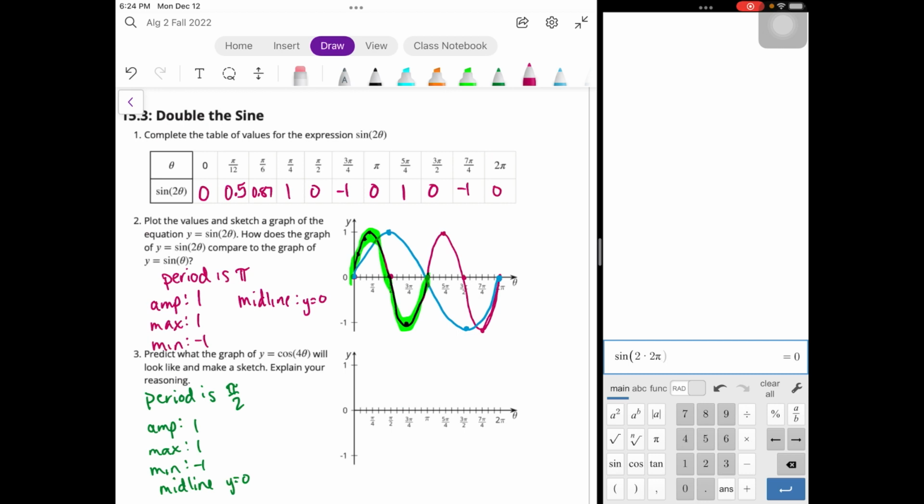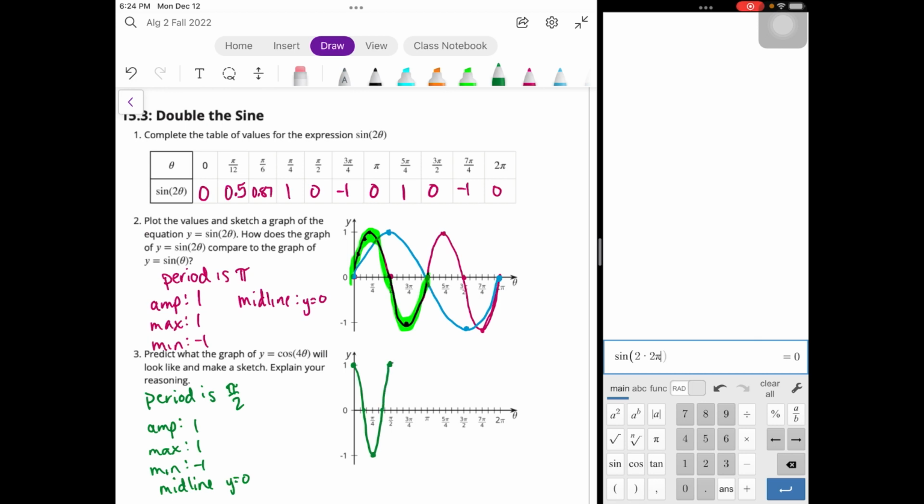Since the period is going to be pi over 2, remember that we normally start at 1, and we're going to end at pi over 2, so it'll start where it ends. Halfway in between those two is the minimum, so that'll be pi over 4. So it'll cut across halfway in between and halfway in between. It'll look something like this, is what I'm thinking.